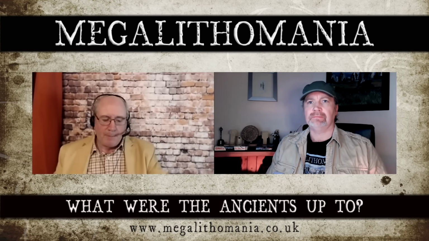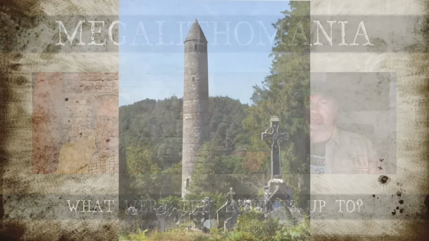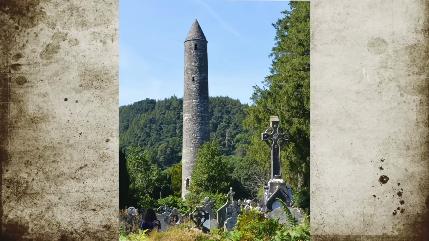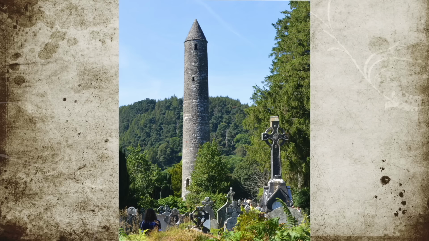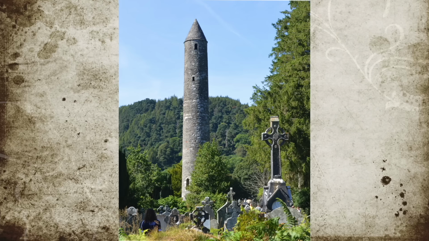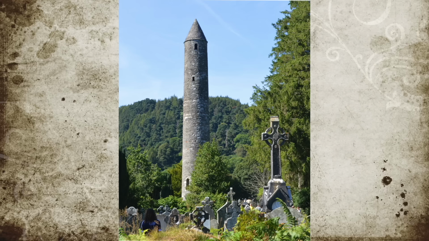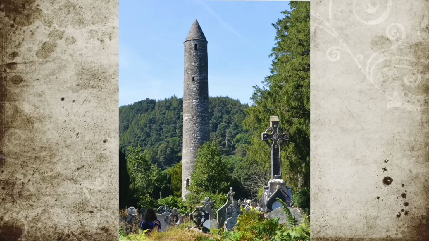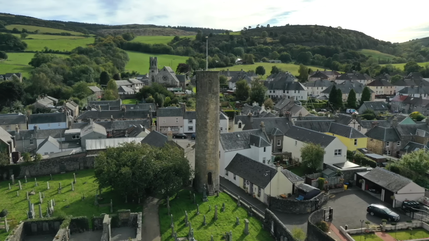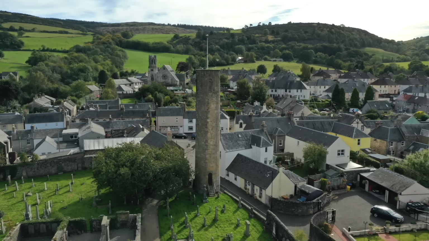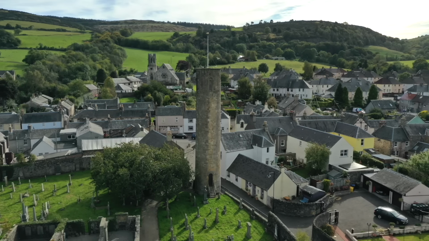So we have this tradition of these funny old round towers, which I think are sort of like phallic symbols, like an obelisk, like Mary Magdalene was the Mary of the Tower, of course.